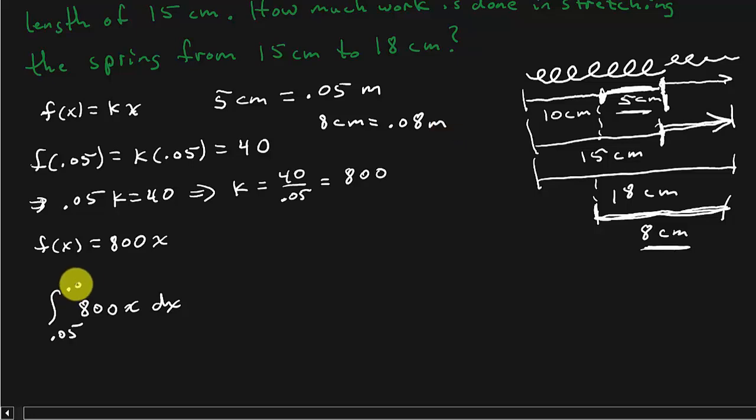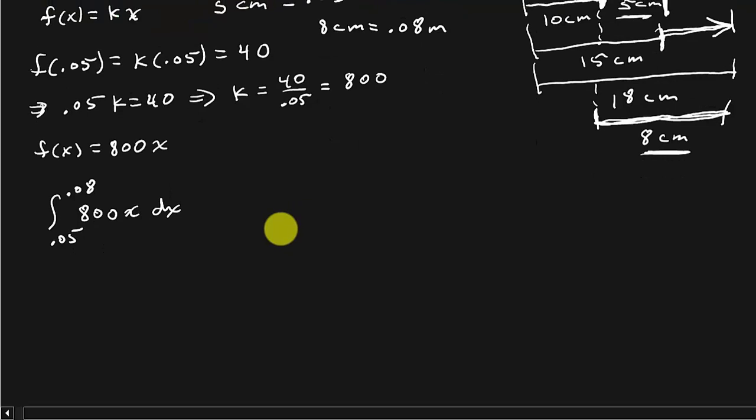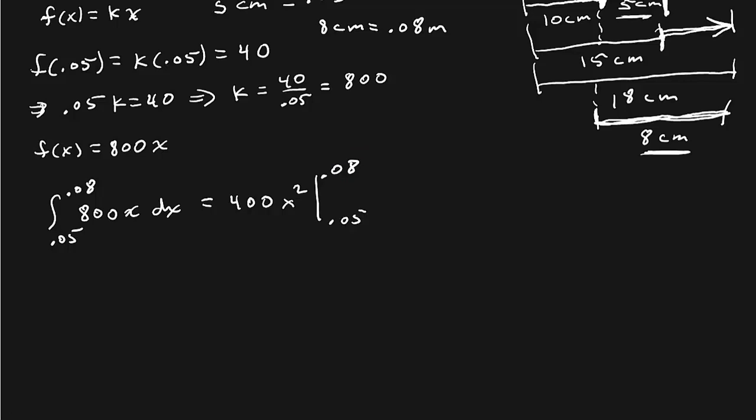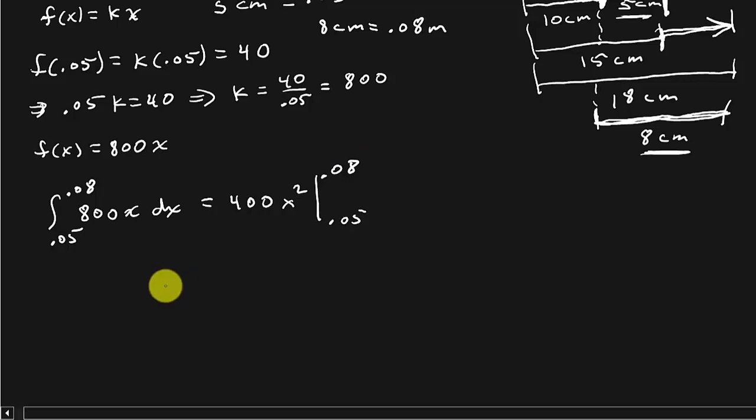meters. And so that would be 0.08. And so here we get 400x squared from 0.05 to 0.08. And so this is going to give us 400 times 0.08 squared minus 400 times 0.05 squared.